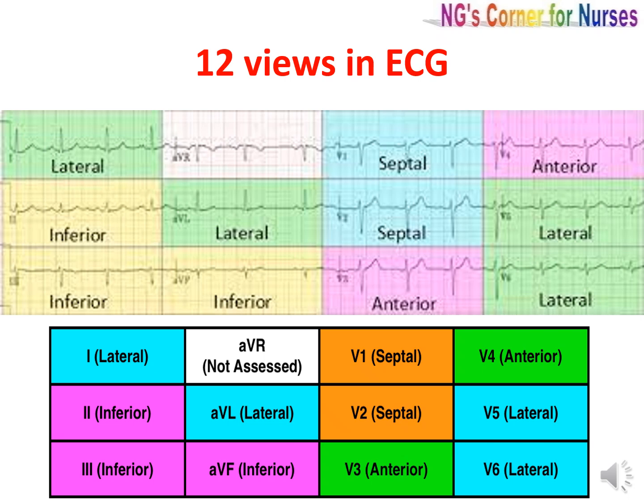In the vertical plane view, that means the views that we get from limb leads, it provides inferior and lateral views of the heart. We can see here the limb leads 1, 2, 3, AVL and AVF offering lateral and inferior views. And the horizontal plane views, that means the views from chest leads, provide septal, anterior and lateral views.